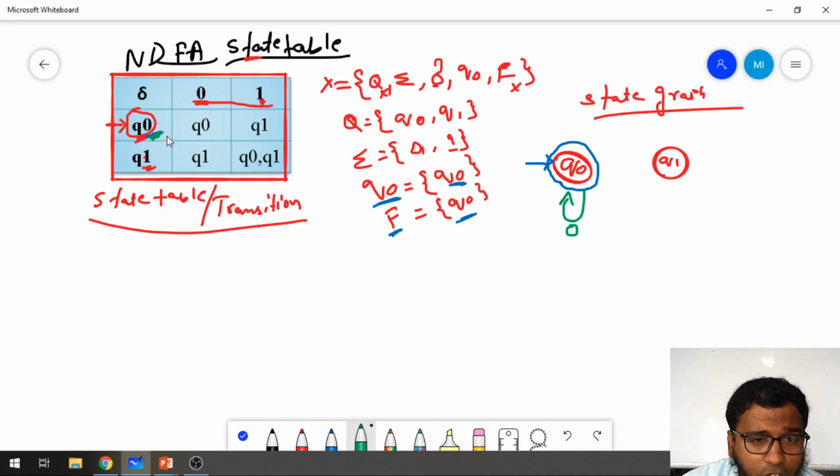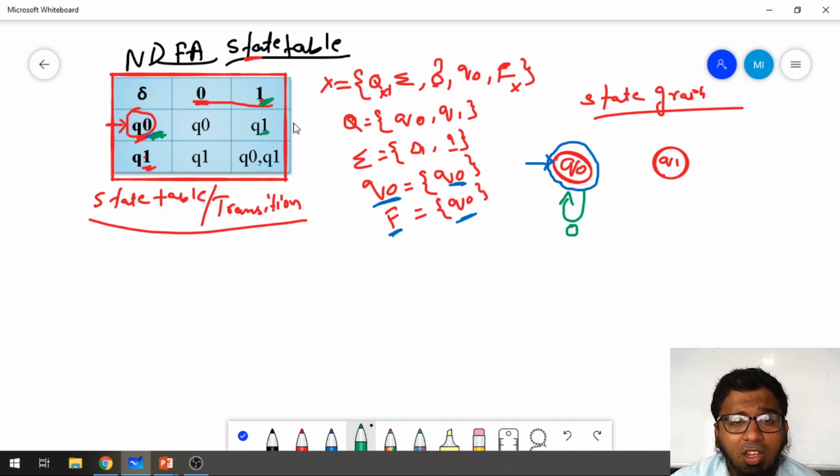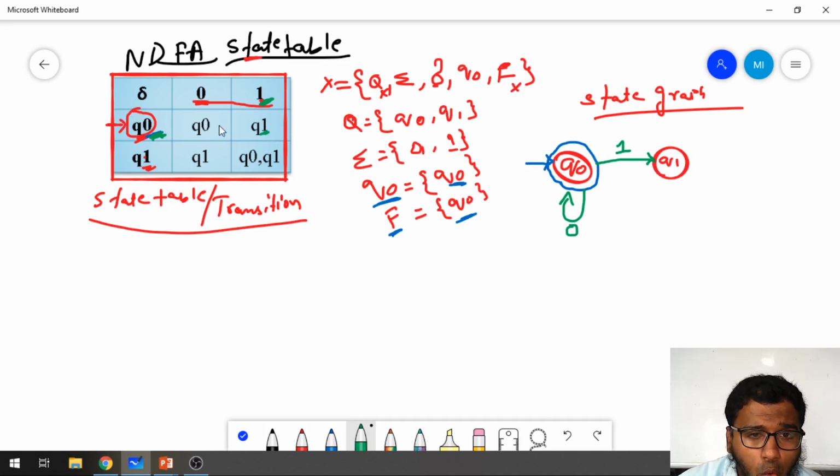Now, Q0 is going to Q1 when the input symbol is 1. So, going here with this, and what is the label? 1. It is going from Q0 to Q1 when the input symbol is 1.